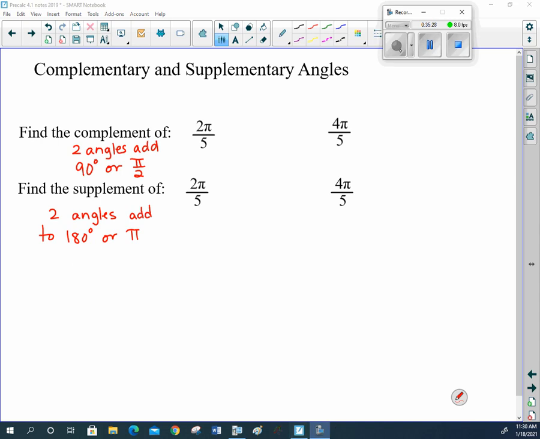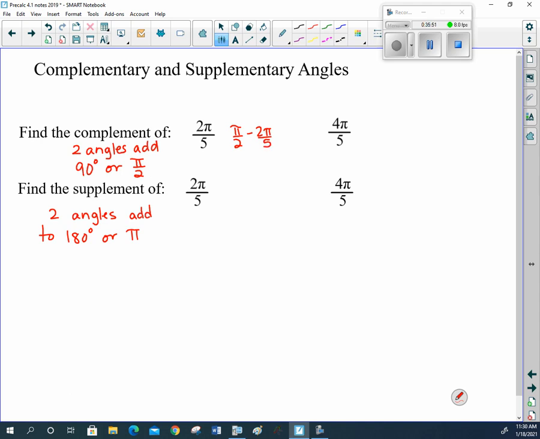Okay, so if I'm going to find the complement of 2 pi over 5, I'm going to take pi over 2, and I'm going to subtract 2 pi over 5.